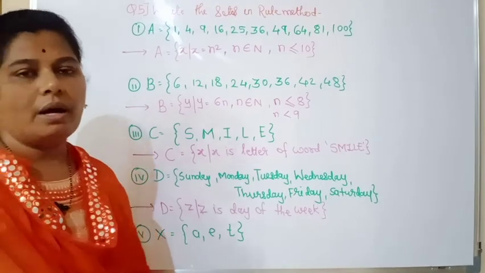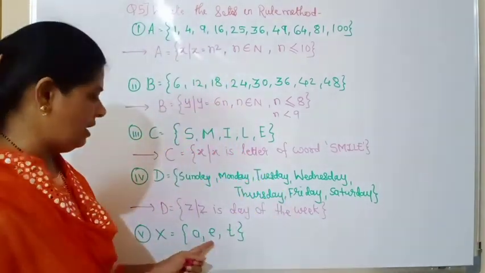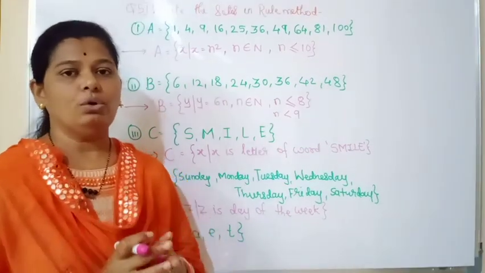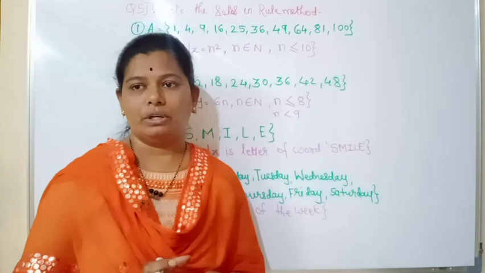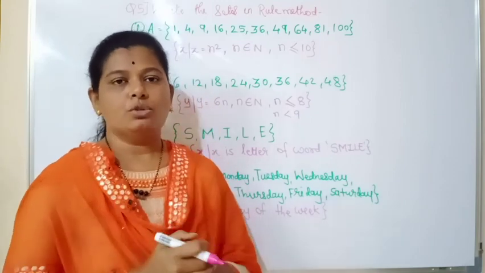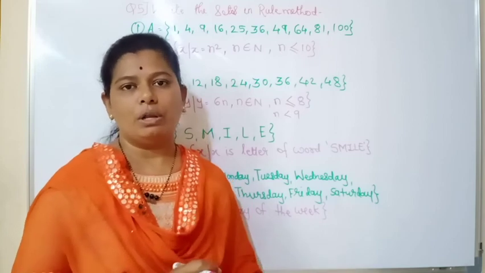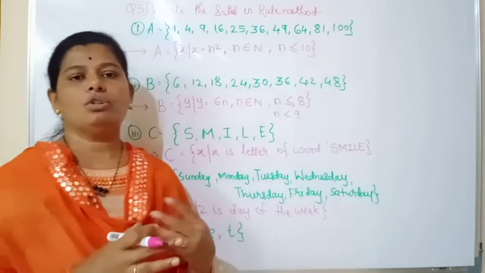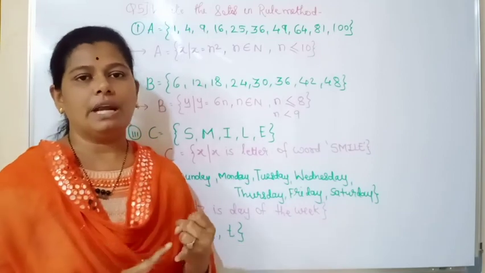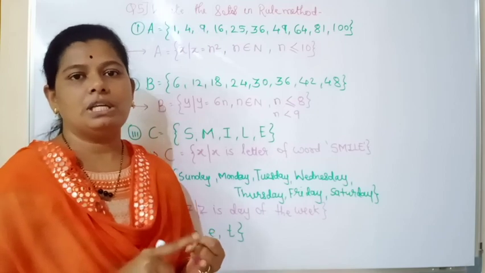Now last one, again there are the alphabets given, that is A, E, T. Now if we join these alphabets, as I told you, order is not important. In our previous lecture I have told you about the rules. So when we write the alphabets, the order is not at all important. So if you change the order of the alphabets, we will get two words. Either we get eat, E-A-T, or we get tea, that is T-E-A.